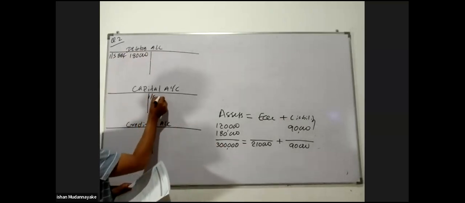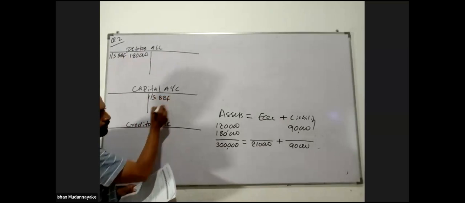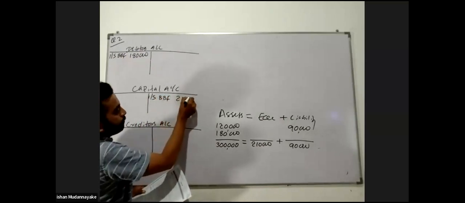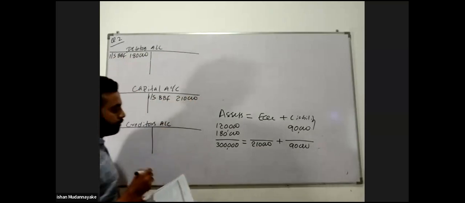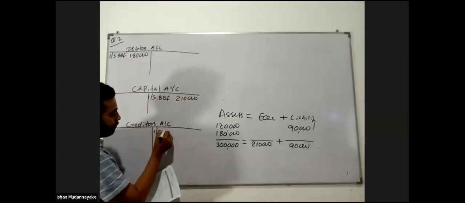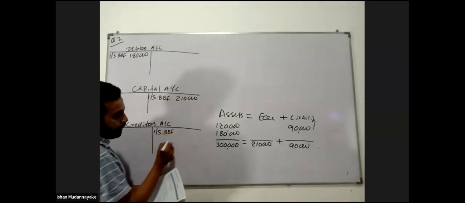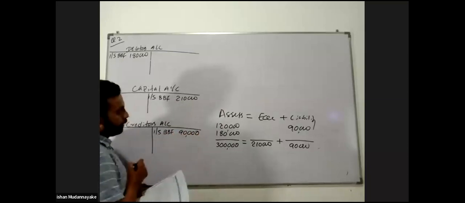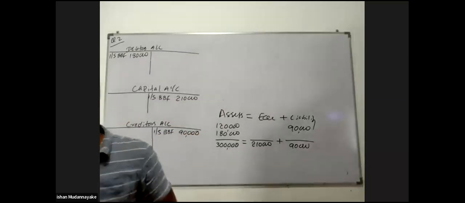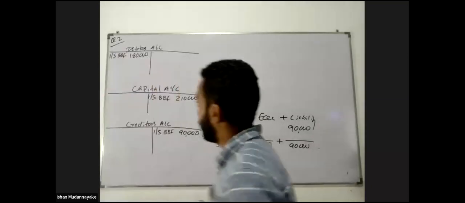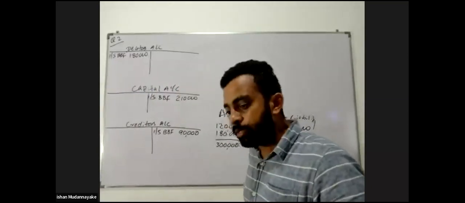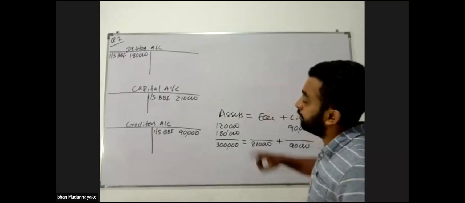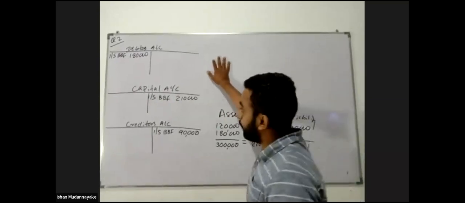First May, balance brought forward 210,000, and then creditors account opening balance first May, balance brought forward 90,000. Okay. Cash book opening balance we have recorded 120,000, and then debtors account opening balance 180,000.